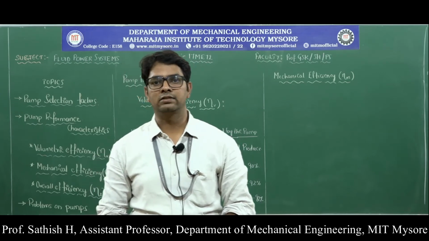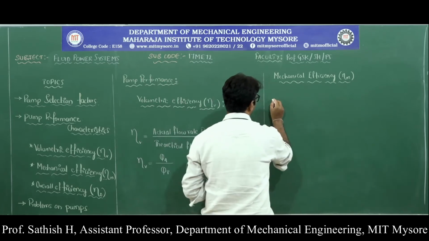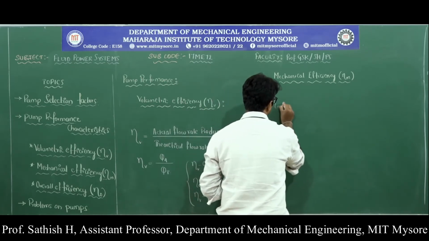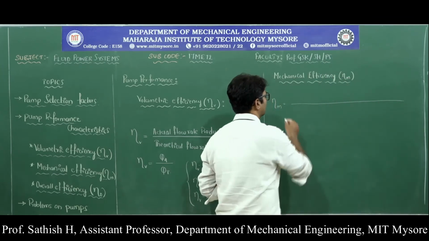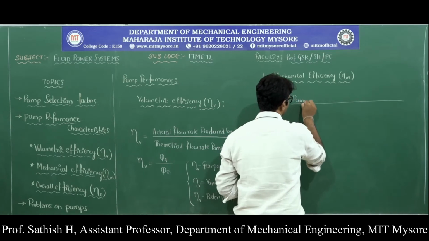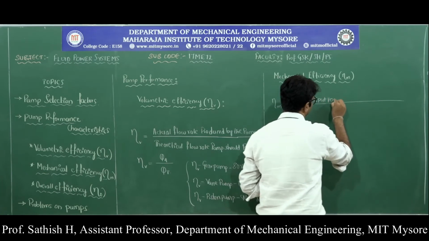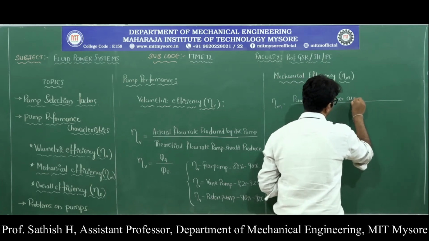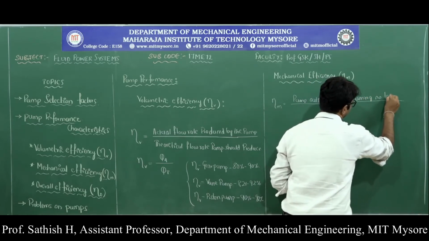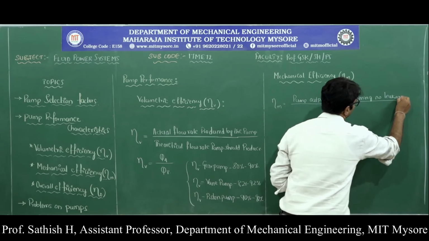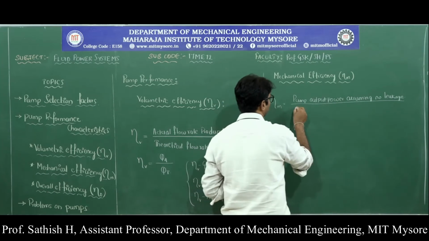How do you define this mechanical efficiency? The mechanical efficiency, that is nu m, is a ratio of the pump output power, assuming no leakage, to, in the denominator, the actual power delivered to the pump.